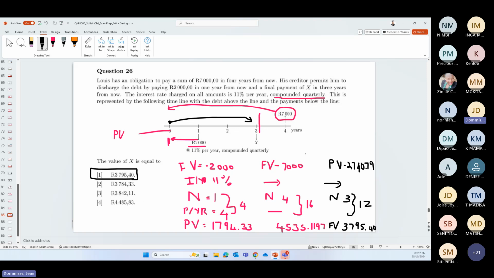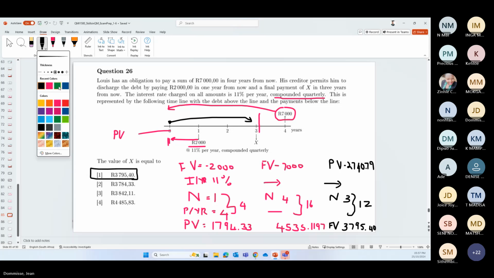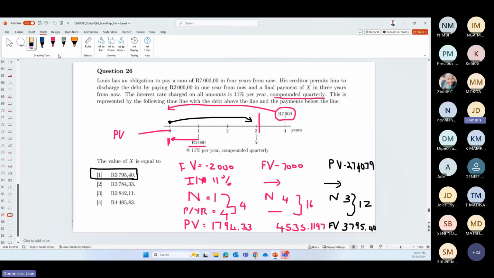Okay, so what we needed to do, let's just quickly recap this. I did that in the middle, but I'll start and say the first thing is to move this 7,000 backwards so that we can see what that present value is. That is what we did here to get this present value.